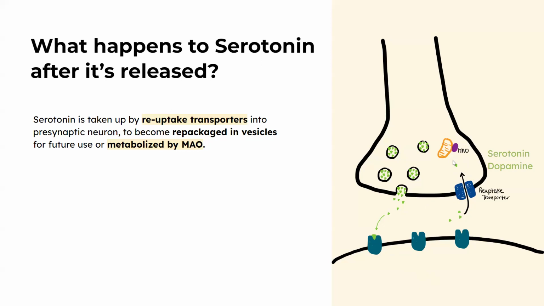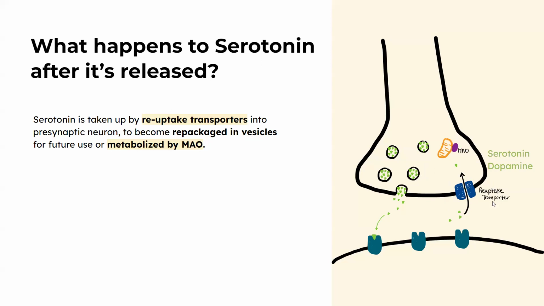If it's broken down, that's done by the MAO enzyme, monoamine oxidase, or it's going to be restored into vesicles to be recycled, because our body loves to recycle materials instead of synthesizing it again and again. So if we're looking at the fate of serotonin, it's either going to be broken down by MAO or stored again, and it has to be reabsorbed by this reuptake transporter.